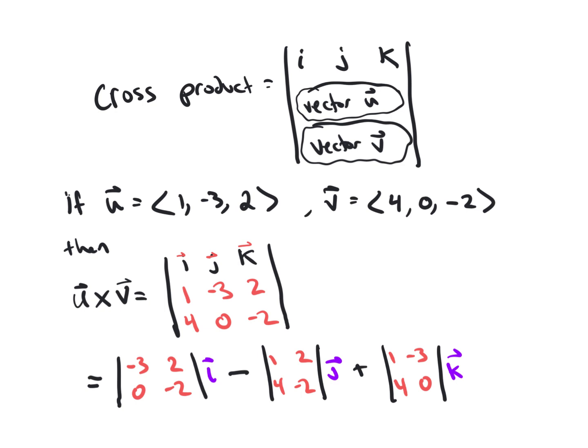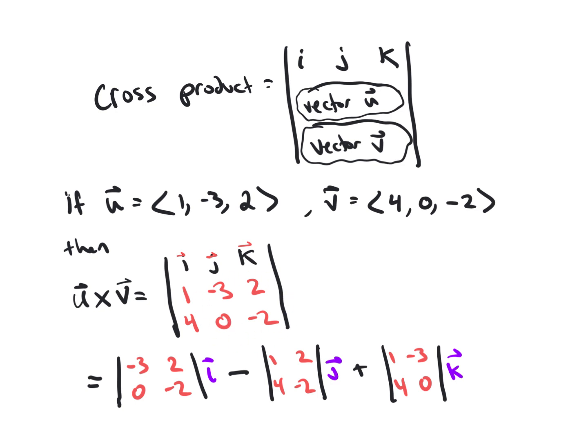Okay. So notice when I did the determinant that goes in front of i hat, I've basically blocked out the row and column involving i, and I use those remaining 4 numbers, -3, 2, 0, -2.